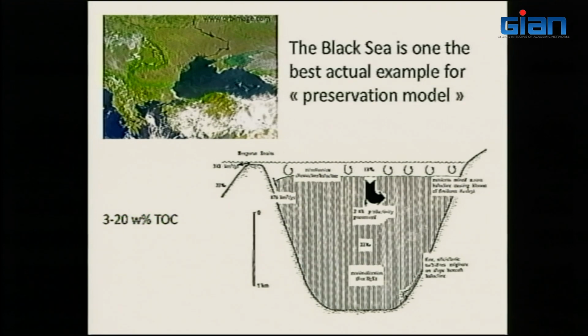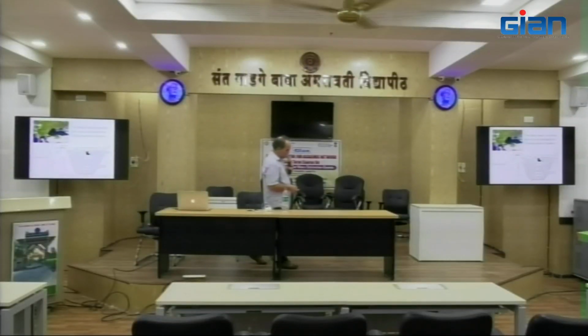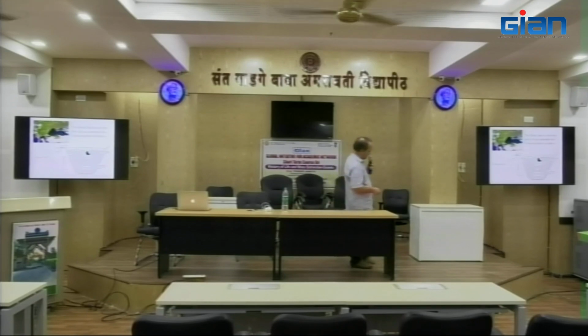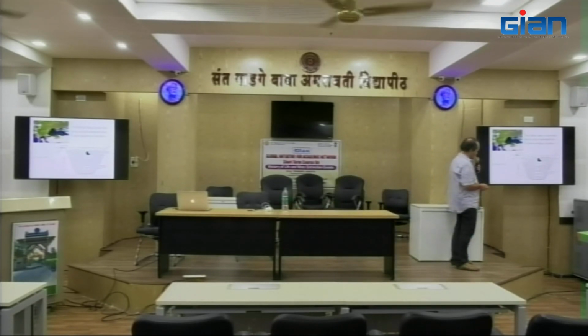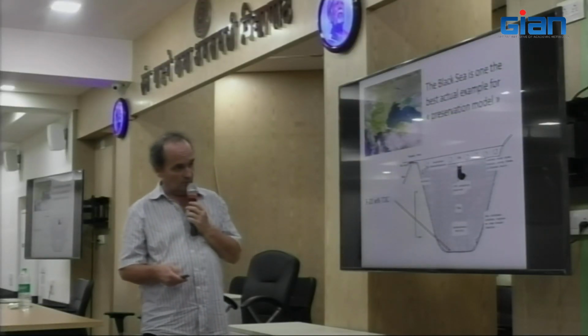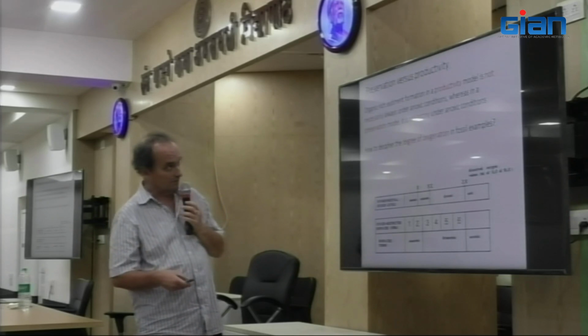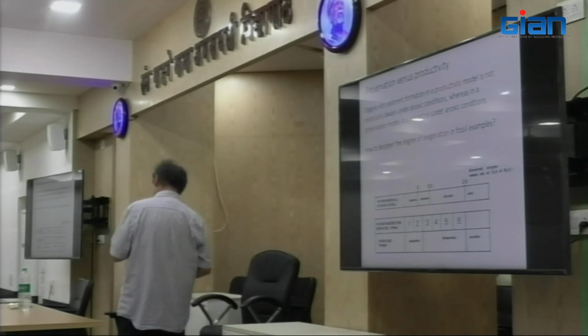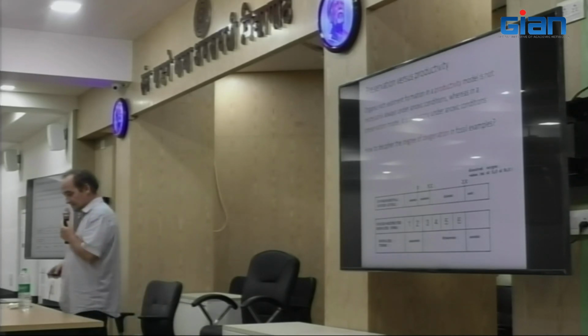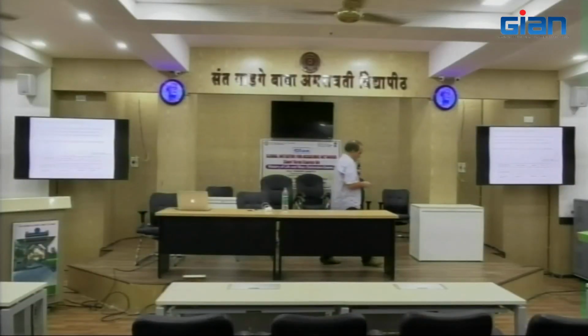So in the Black Sea, in some places, you can preserve from 3 to 20% total organic carbon, if you want. Okay, so it's quite interesting to see that. And after, the main question is also preservation versus productivity.